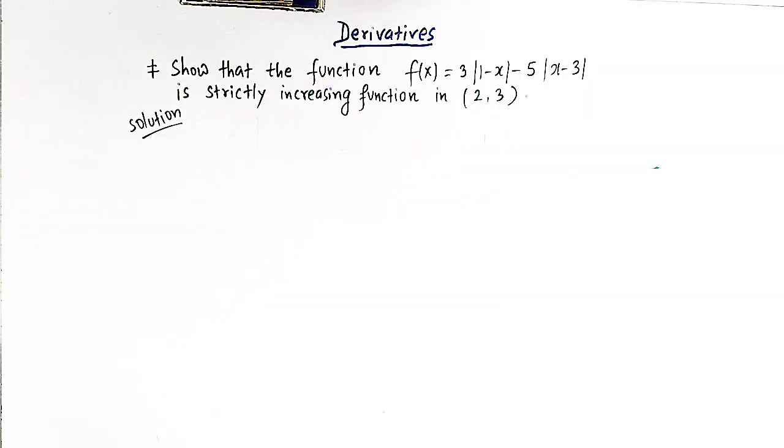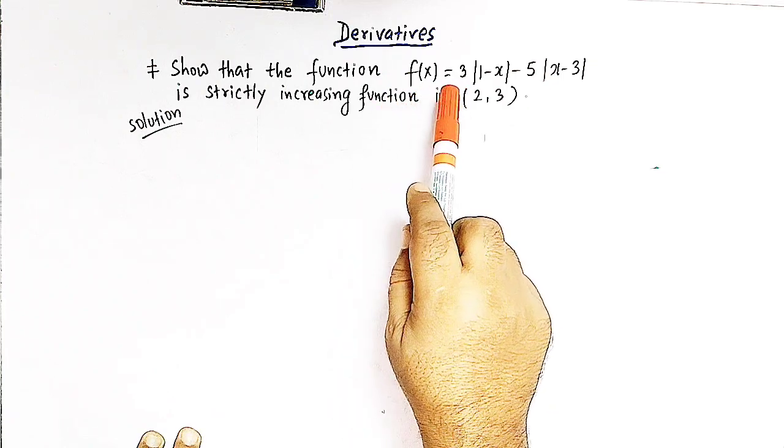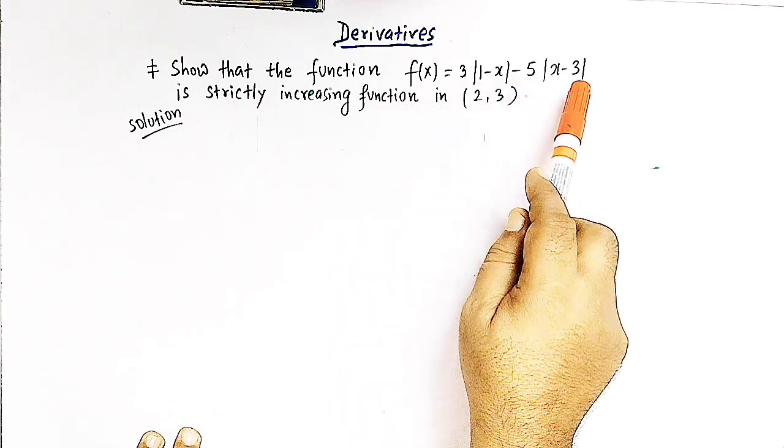Hello viewers, in today's session we are going to discuss another important and conceptual problem from derivatives. And here in this session we are going to discuss this problem in which we are given a function f of x that is a combination of two mod functions.